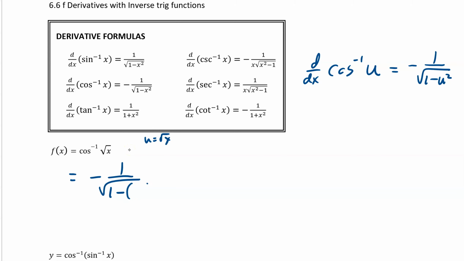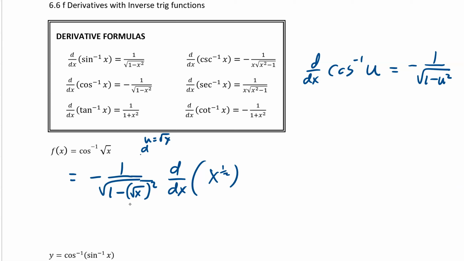And so you would just put parentheses here, square root of x, and then put the squared. So you can see all I've done is taken that value I had here and just substituted it. But now this is still chain rule, so we do have to write the derivative of whatever we plugged in. And that square root of x is x to the half.